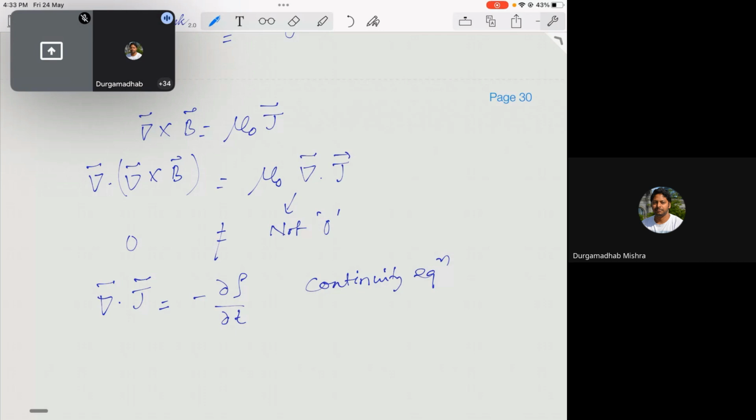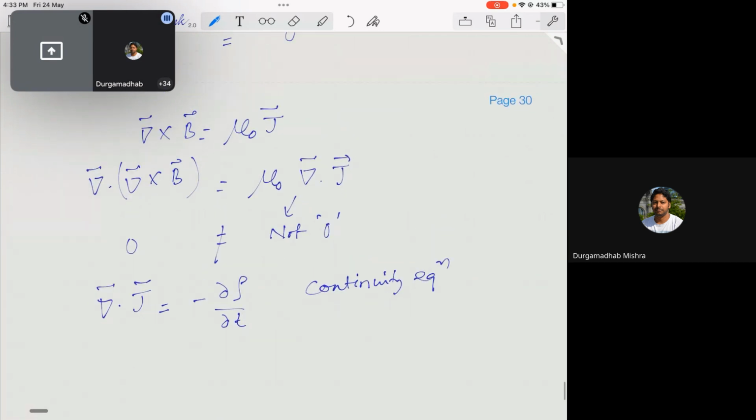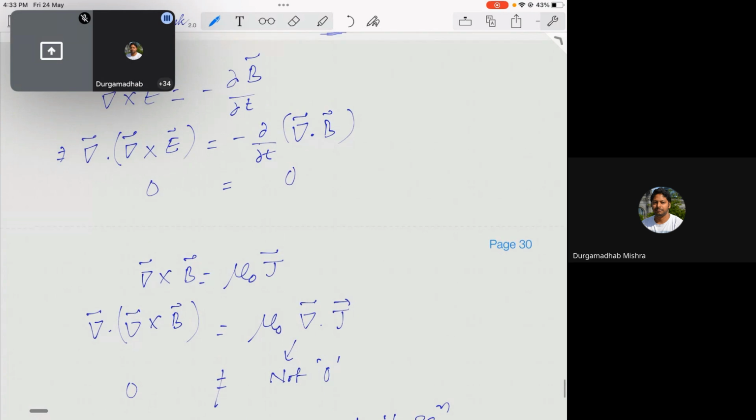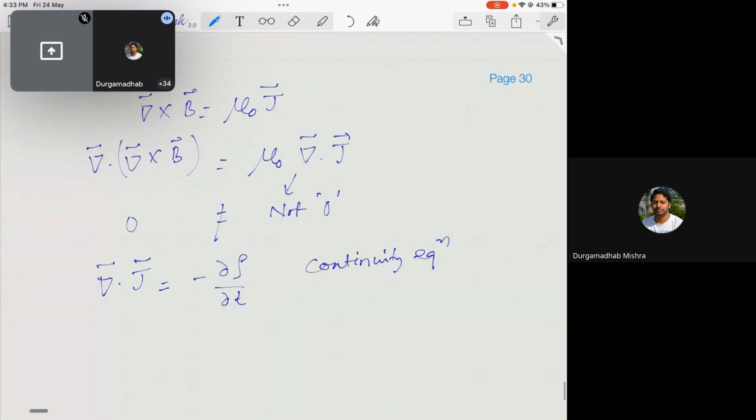Now, we know there is a relation between rho and the electric field.